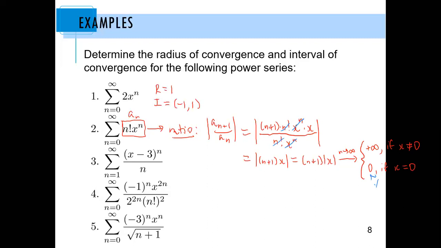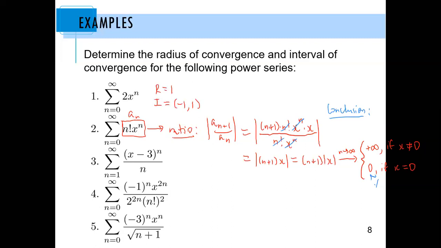So what do we conclude in this case? What's the conclusion? We only have convergence at one point. If I move away from 0 at all, I get a limit of the ratio of the terms that goes to infinity, which is impossible to make less than 1, right?